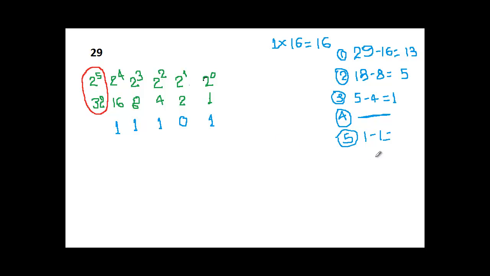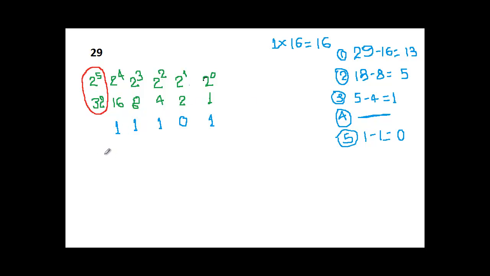That is, 1 needed to be represented, and I got 1 from placing 1 here. 1 into 1 is 1. So now what needs to be represented? Nothing. 0. I already got the number.